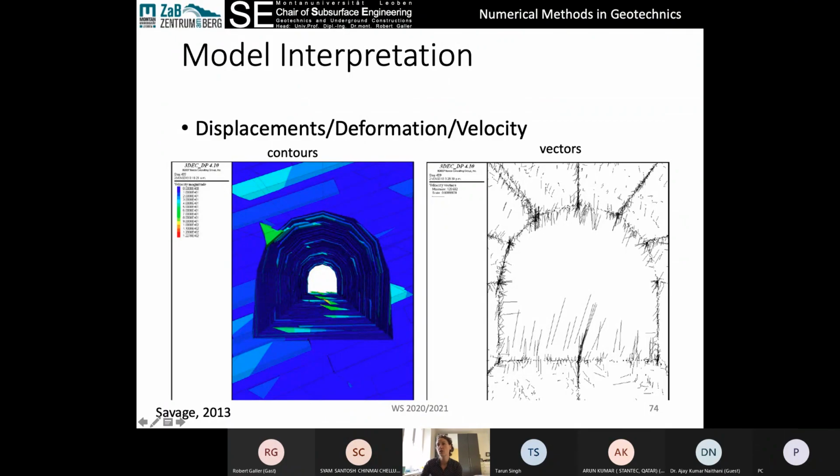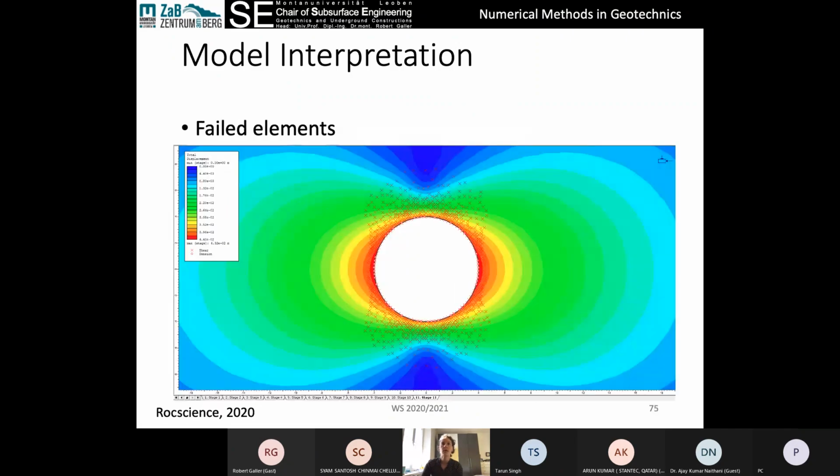Usually it'll be in towards the excavation boundary, but it can be concentrated in certain locations. In this case, this is associated with discrete joints. So here's a joint, here's a joint, here's a joint. So we've got a lot of movement associated with these joints here. We can visualize that in discontinuum and continuum codes, looking at either contours of deformation or vectors.